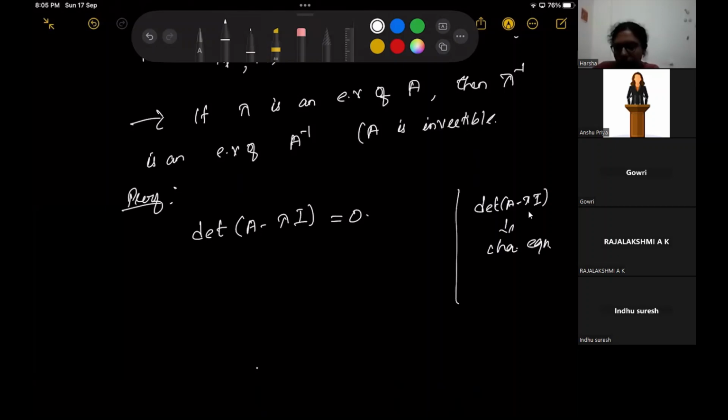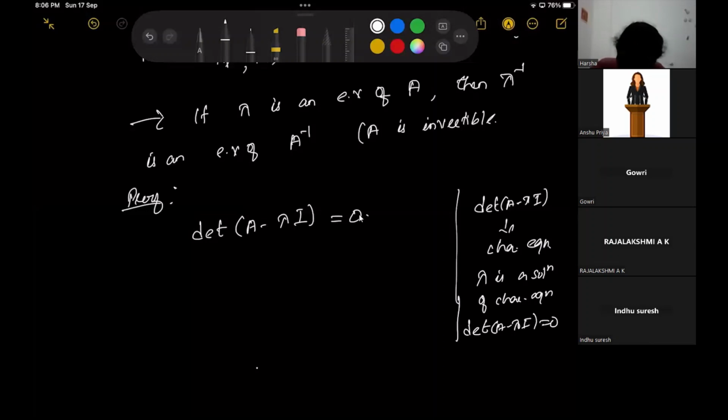If lambda is a solution of this characteristic equation, then the determinant of A minus lambda I equals 0, because lambda is a root of that polynomial. That means the determinant of A minus lambda I equals 0.